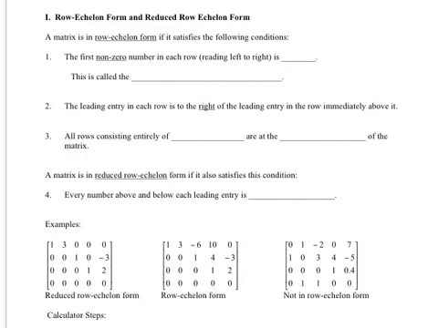A matrix is in what's called row echelon form if it satisfies the following conditions. The first non-zero number in each row, reading left to right, is going to be a 1, and that's called the leading entry. It's usually the first value in the row, but sometimes there are zeros in front of it.